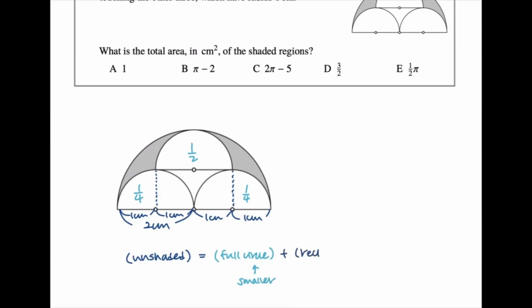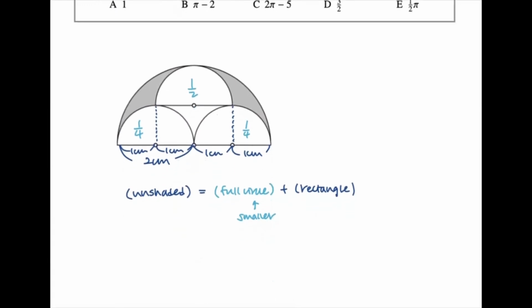A full circle would be pi times r squared. Here r is 1, therefore squared, plus the rectangle, which is width 2 times height 1. And therefore we get pi plus 2.